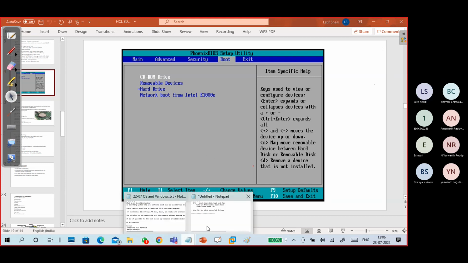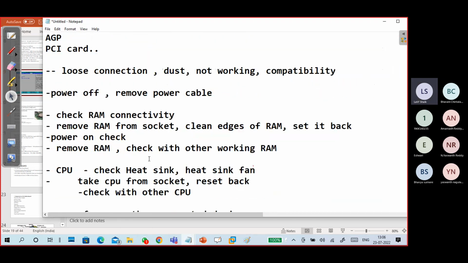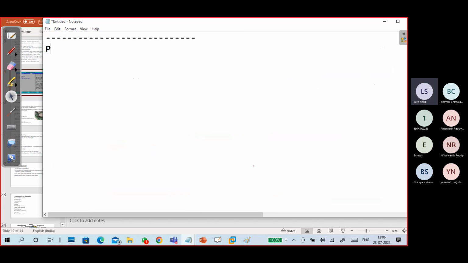So what is the next part? POST successful. This is the first step. The first step is POST: power on self test, POST successful.